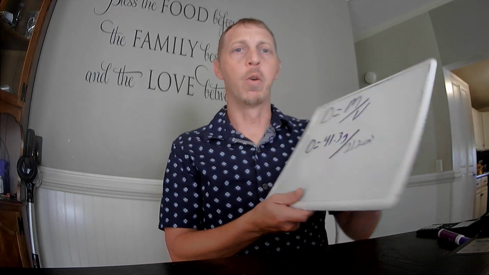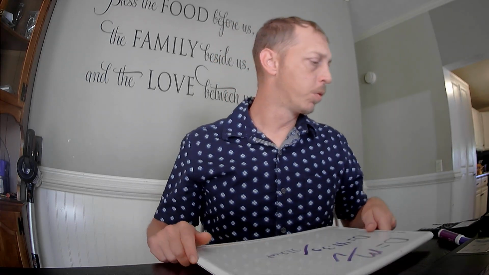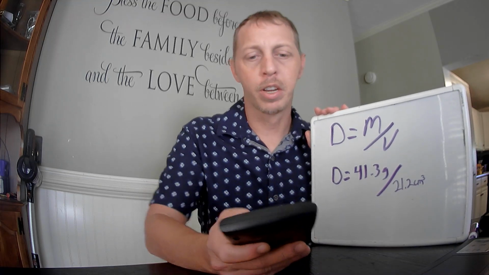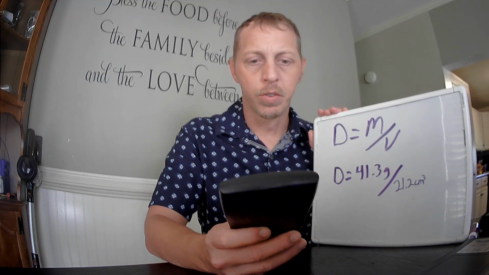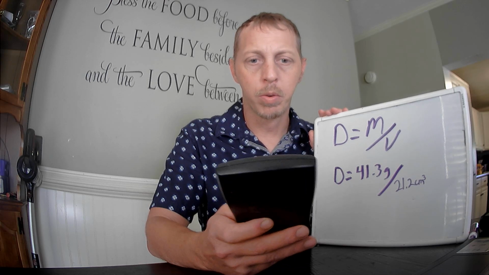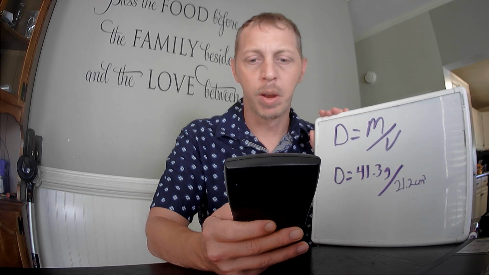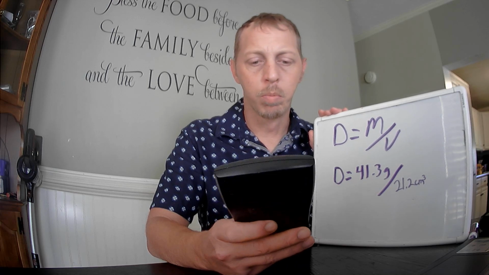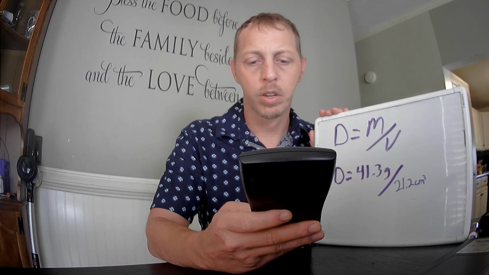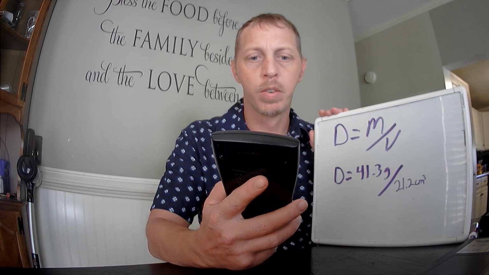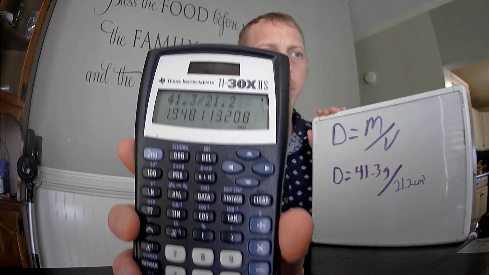So what I'm going to do is take this and plug this into my calculator. Show you here again. So this is 41.3, and that is my mass, divided by 21.2, and that's going to equal 1.948.